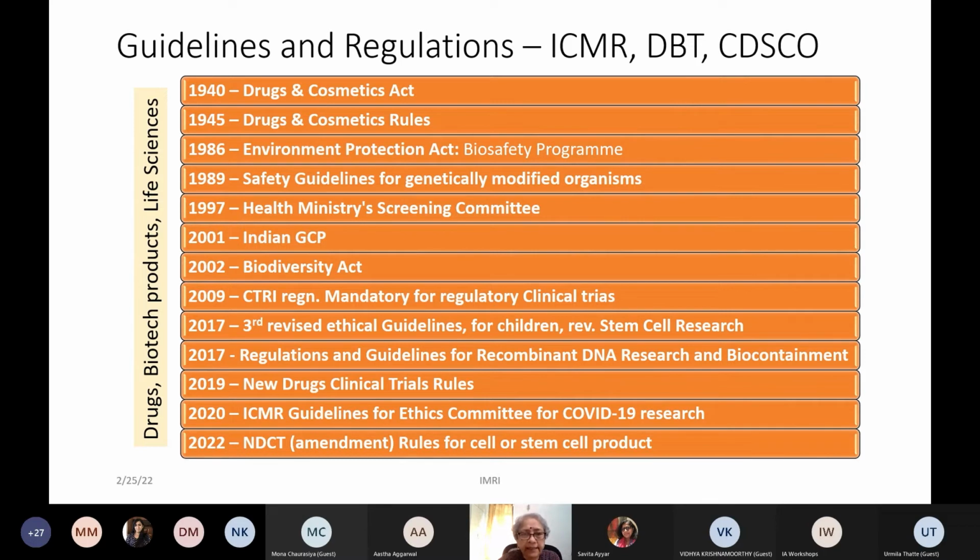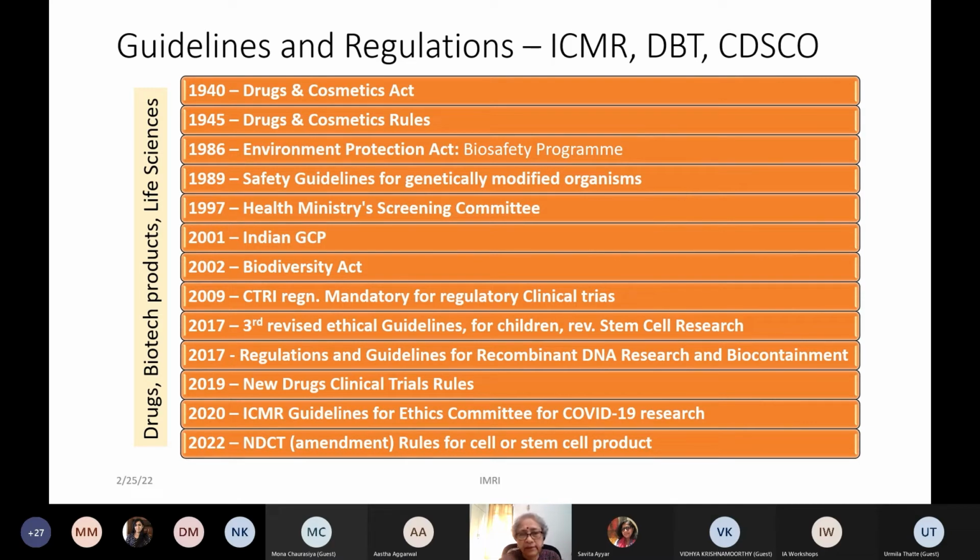So these take care of all the drugs and cosmetics. And then in 1986, we had the Environment Protection Act, which is responsible for seeing that biotech products also come under its purview, and biosafety programs are in place.